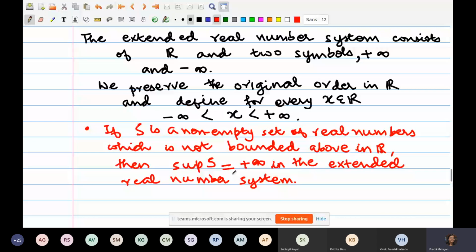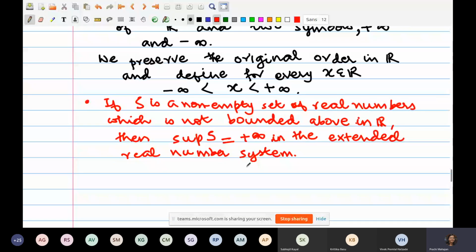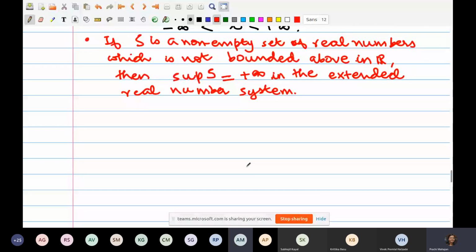A similar statement you can make is this: if S is a non-empty set of real numbers which is not bounded below in R, then the infimum of S is said by convention to be negative infinity in the extended real number system. These are conventions.